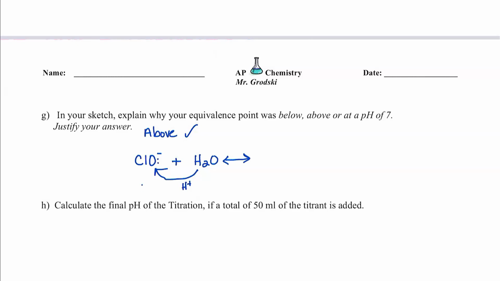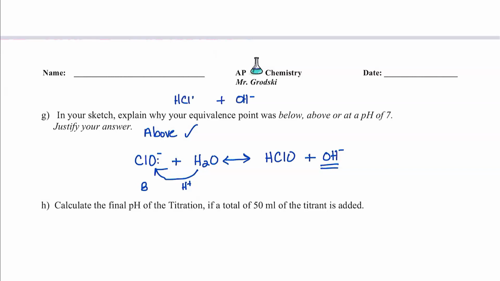It's acting as a base. It's a conjugate base, right? And so what it's going to do is reform the acid. That's why it is a weak acid. But more importantly, it produces a hydroxide. So you could say that at equivalence, all of the strong base, the hydroxide ions, did what?